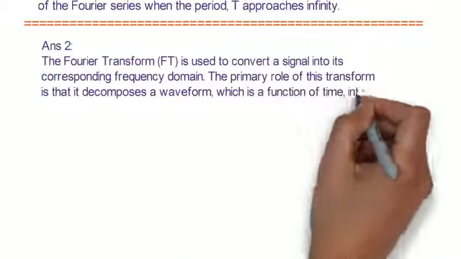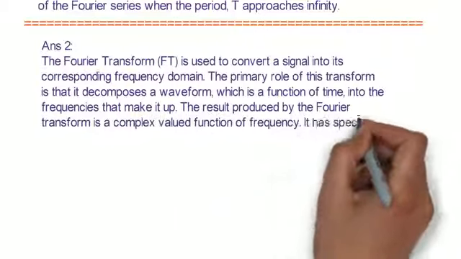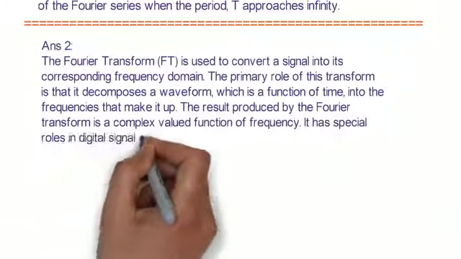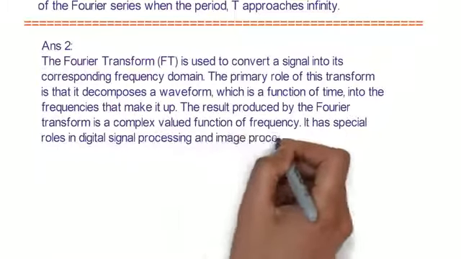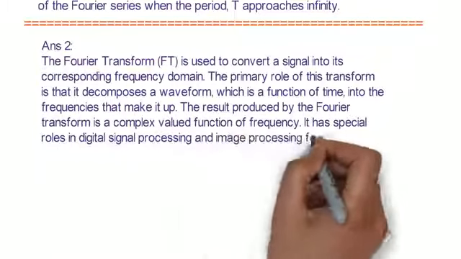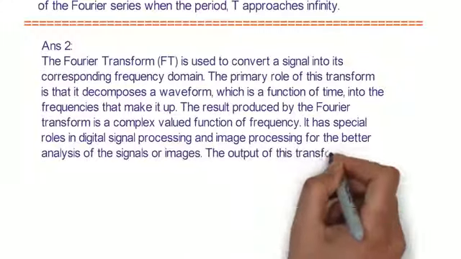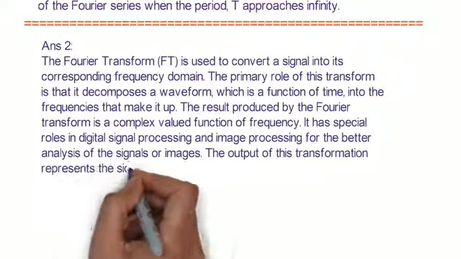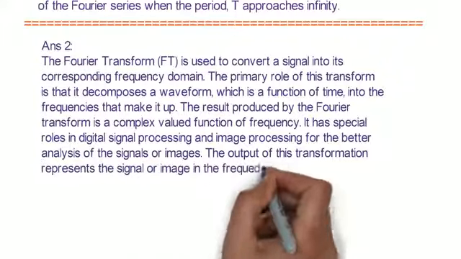The result produced by the Fourier transform is a complex valued function of frequency. It has special roles in digital signal processing and image processing for the better analysis of the signals or images. The output of this transformation represents the signal or image in the frequency domain.